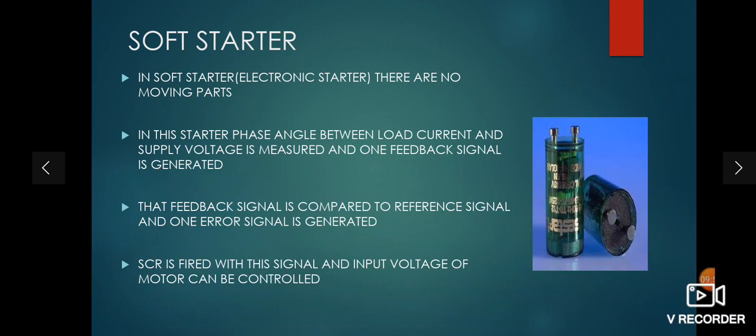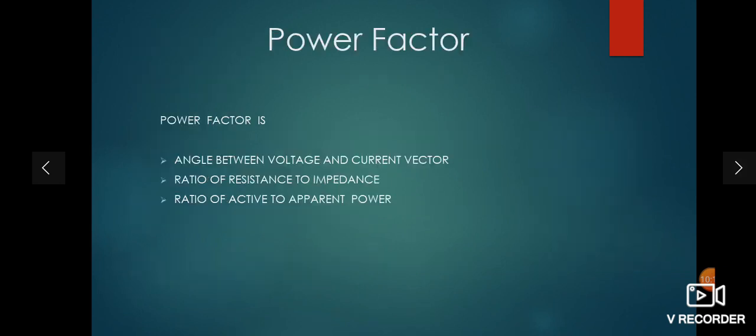This way the soft starter is called an electronic starter or a stator voltage starter. In a soft starter, we employ semiconductor devices to limit the starting current. As there are no moving parts, there are ample opportunities to conserve energy in the soft starter.